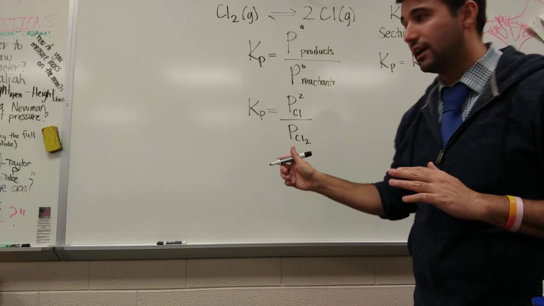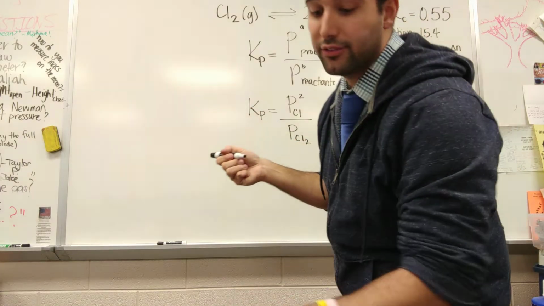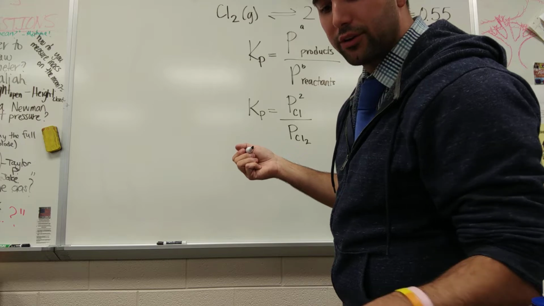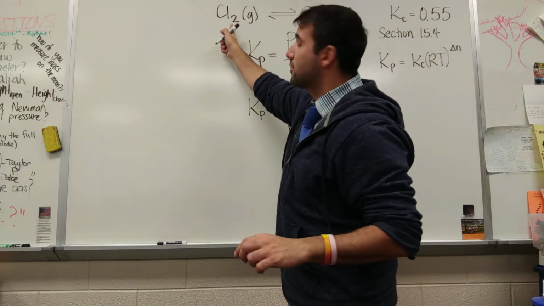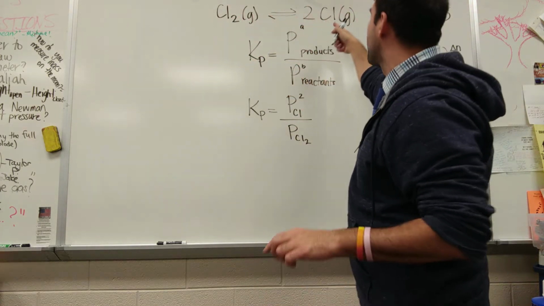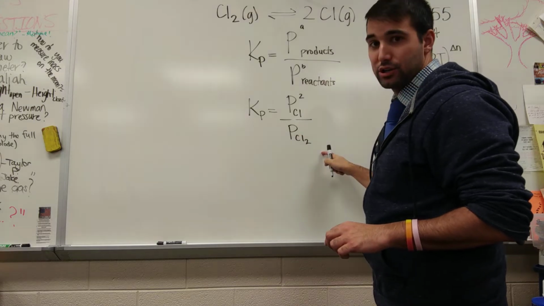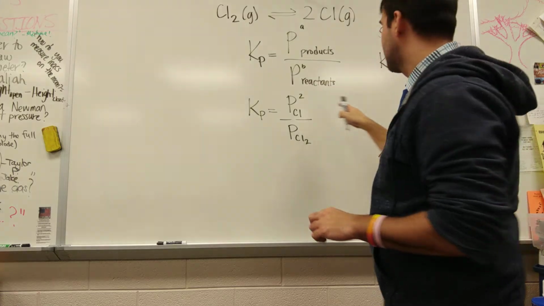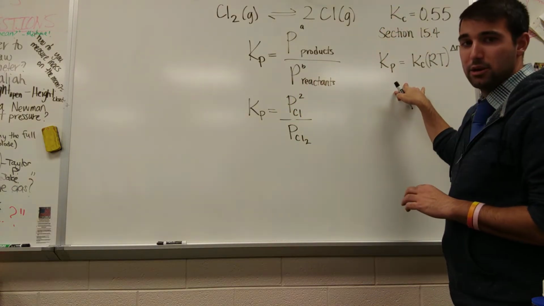So I'm going to have to get my Kp first. The question says if the partial pressure of the chlorine molecules is 1.5 atmospheres, so I have the partial pressure of this, and it asks for the partial pressure of the chlorine atoms, which I'll be solving for in my expression. Before I do any solving, I need to solve for my Kp.